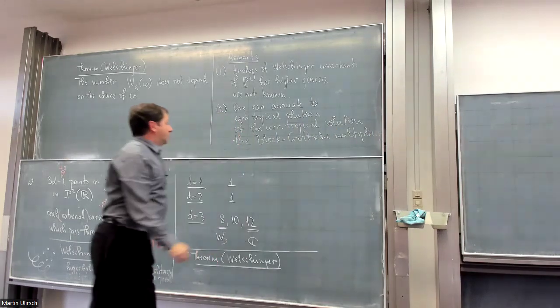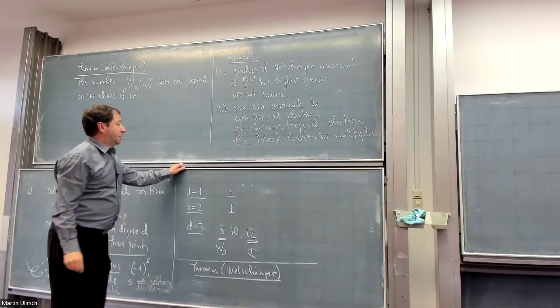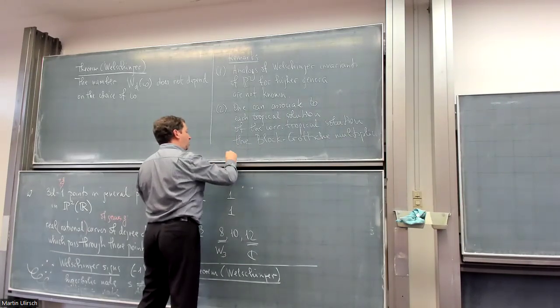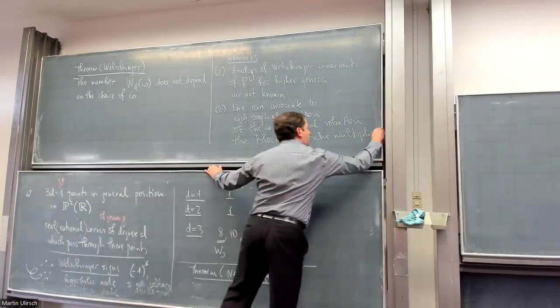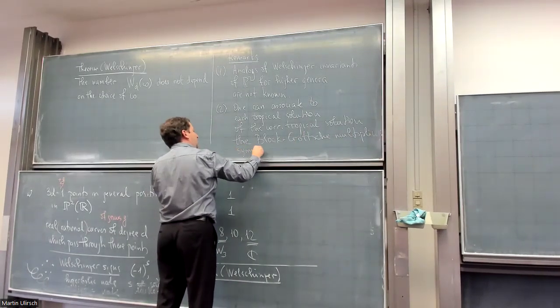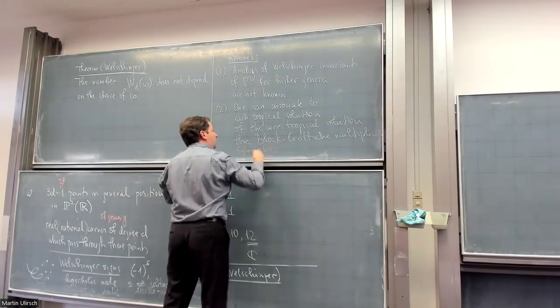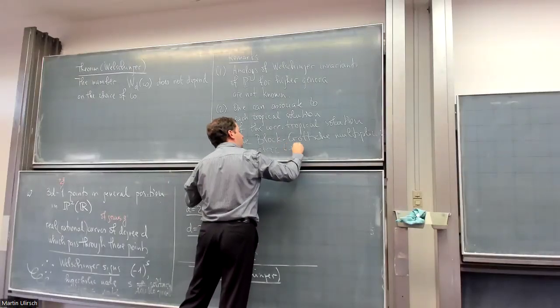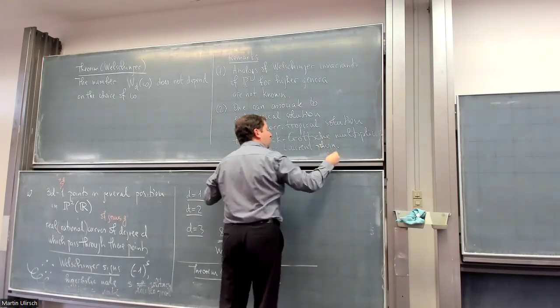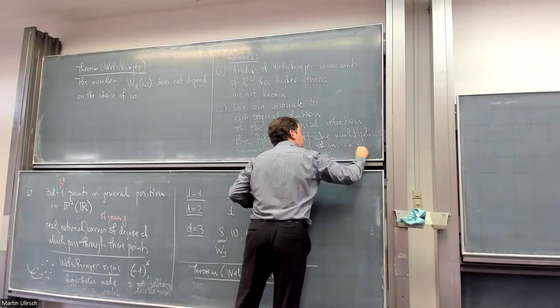And this multiplicity is a Laurent polynomial, a symmetric Laurent polynomial in one variable, and we will denote this variable q.